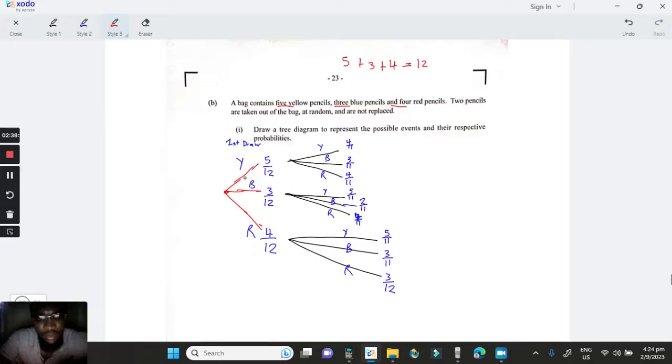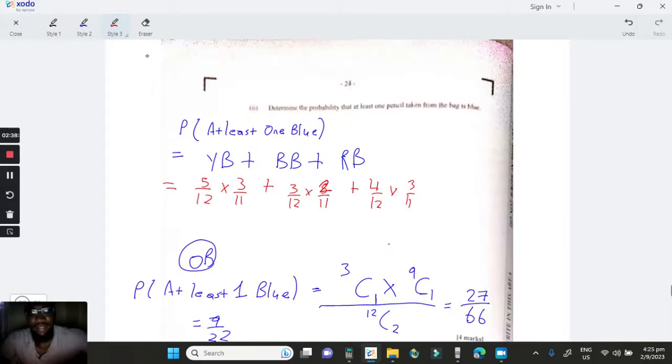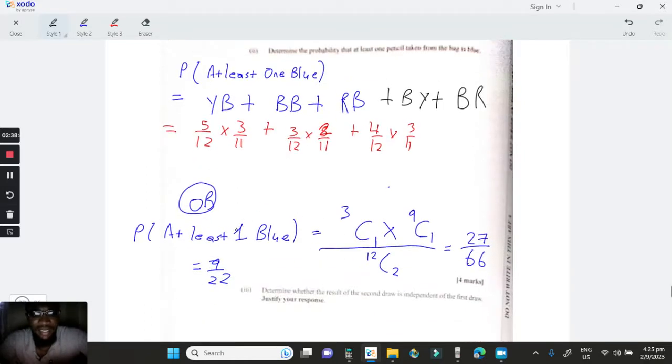No, we didn't cover the blue then yellow and the blue then red. So now we need to add in the blue then yellow and the blue then red. So I don't like this method for at least one blue.